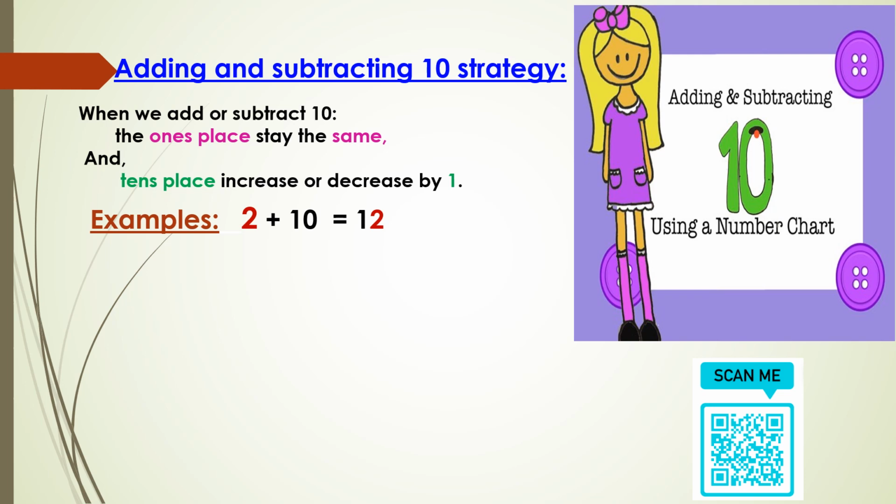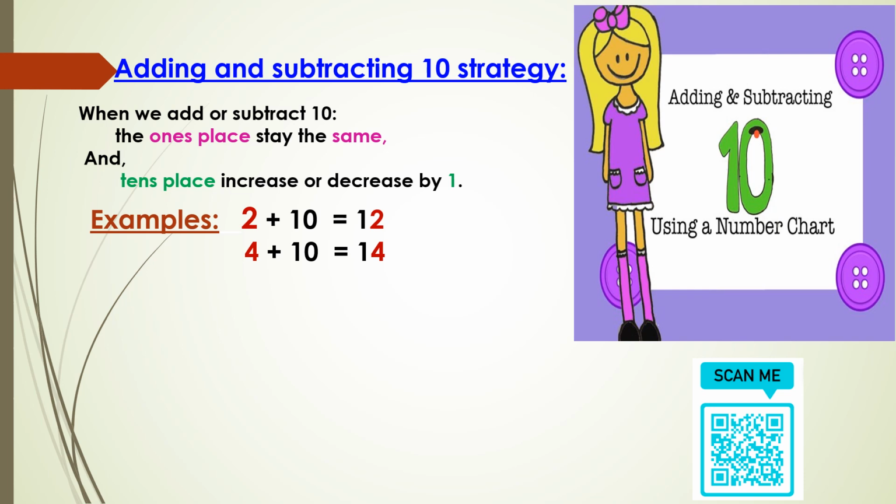The next problem, 4 plus 10. We can apply the adding 10 strategy here, okay? So look at 4. The place of 4 is the ones place, so we will copy 4 as it is. So 4 becomes 4.